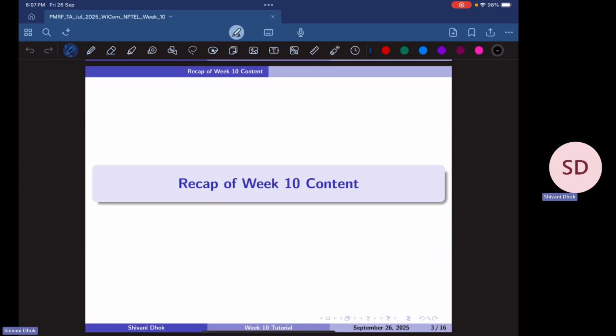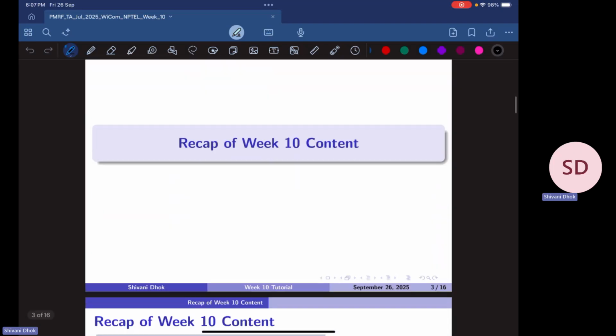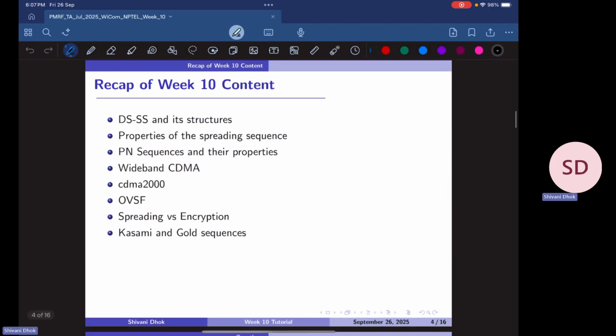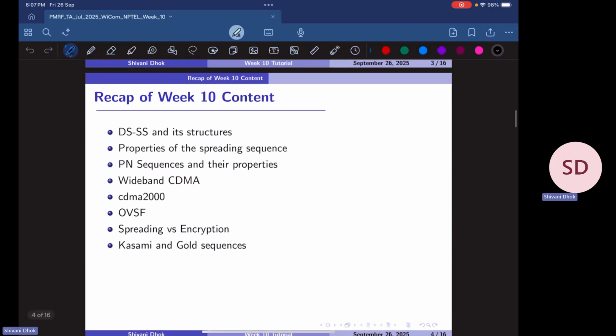Okay, so let's start with the recap. In week 10, we continued with our discussion of CDMA and we were discussing the direct sequence spread spectrum structures.